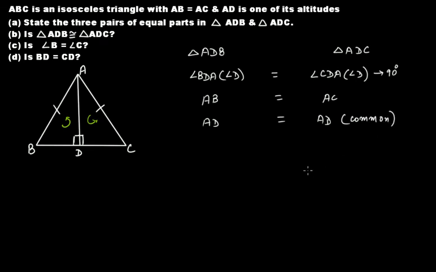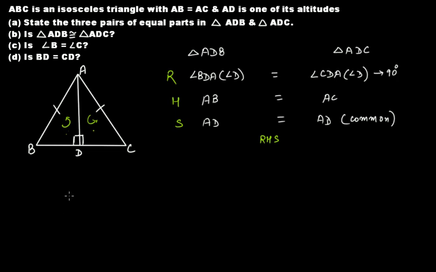Now, the two right angles are equal, the hypotenuse of triangle ADB is equal to the hypotenuse of triangle ADC, and another side, AD, is also equal. So two sides are also equal. RHS criterion is being satisfied. Therefore, according to the RHS congruence criterion, these two triangles will be congruent.